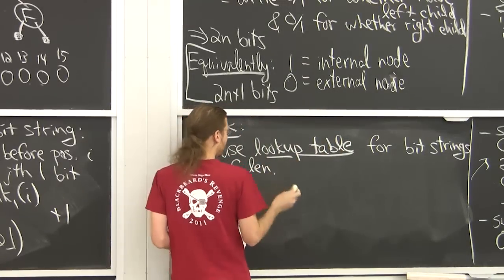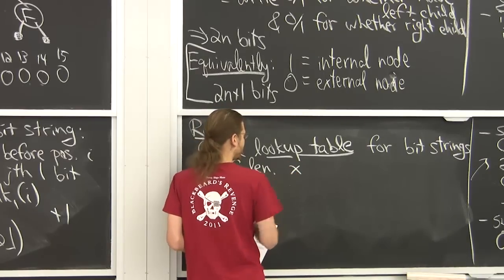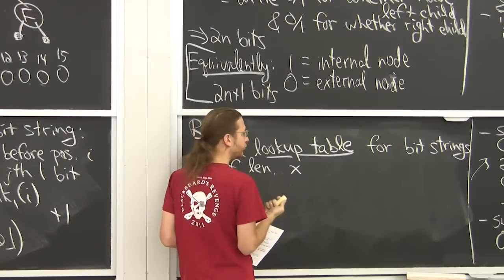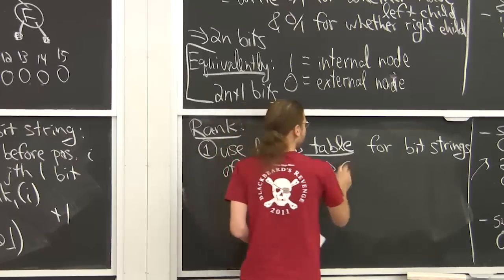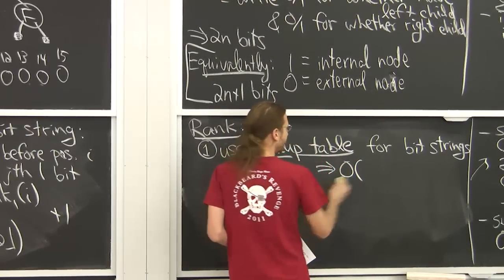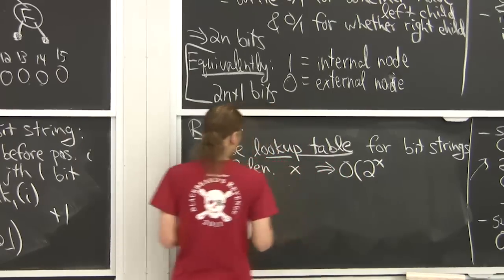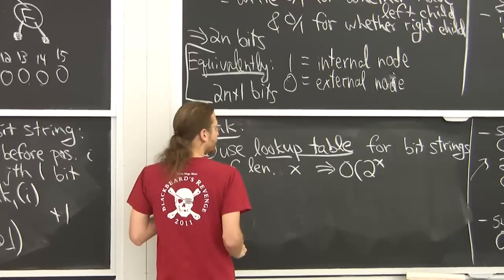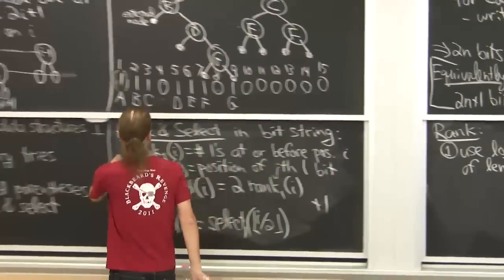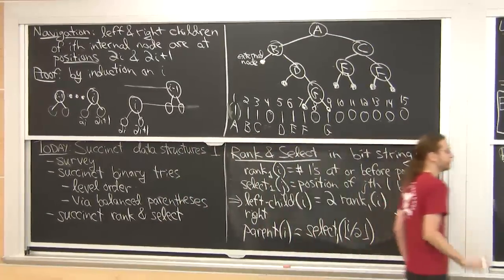Well, if I had space x, or if I looked at all bit strings of length x, and then I wanted to store a lookup table for each of them, it's going to cost, well, there's 2 to the x different bit strings of that length. Then for each of them, I have to store all possible answers to rank and select queries. So there's order x different queries.